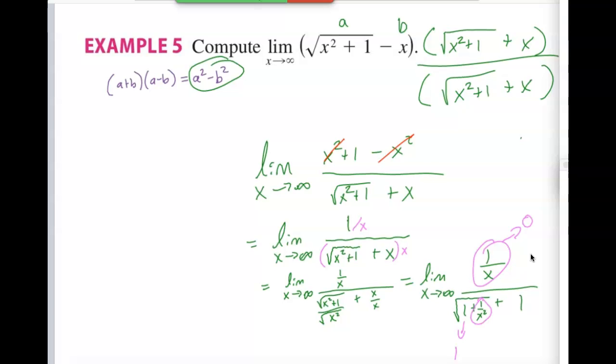What does 1 over x squared approach? Also 0. This one stays a 1. So now I have 0 over the square root of 1 plus 0 plus 1. That's 0 over 2, which is 0.